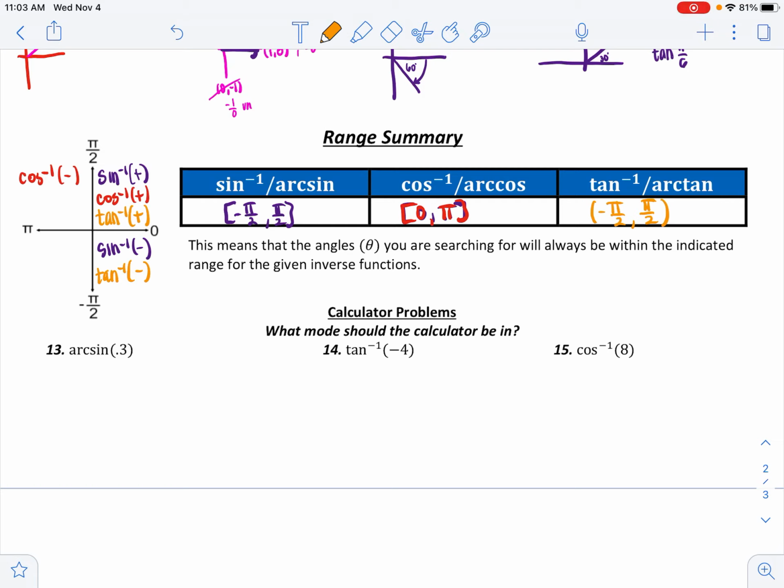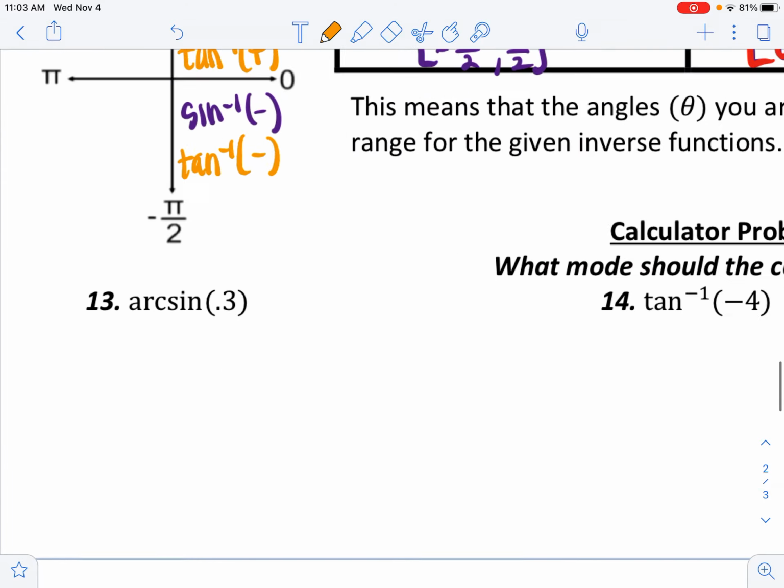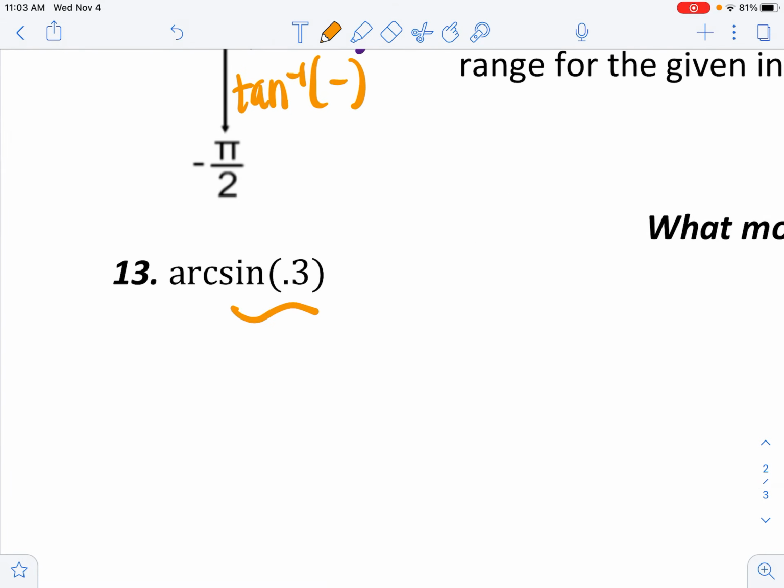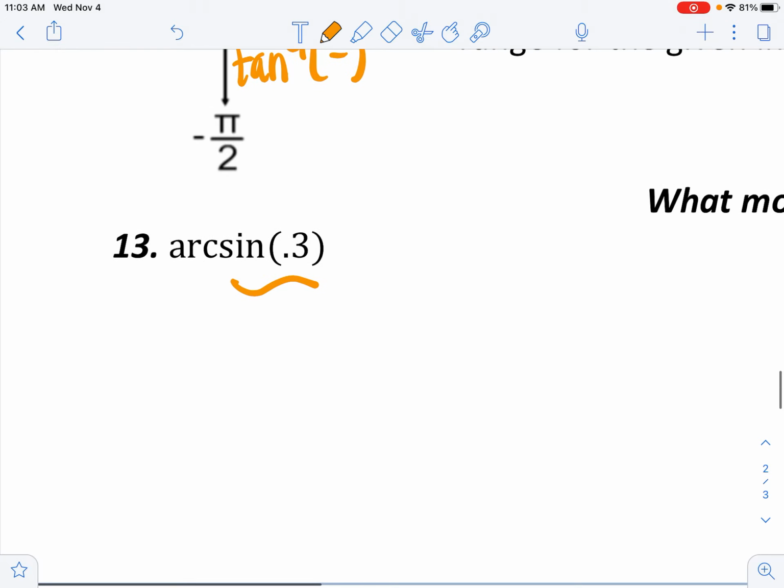This means that the angles that you're searching for will always be within the indicated range for the given inverse function. So notice if I ask you, what quadrant is this in, 1, 2, 3, or 4? 3 is a terrible answer. It'll never be in 3. But if I ask you what quadrant this is in, you can say, okay, sine inverse is defined in the first and the fourth quadrant.